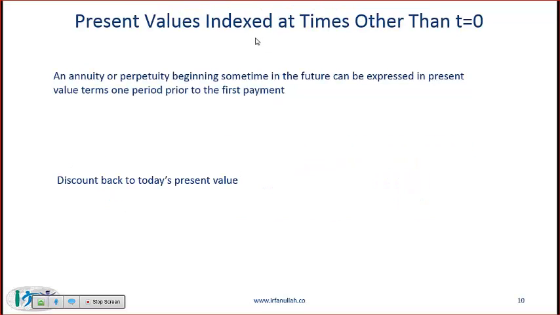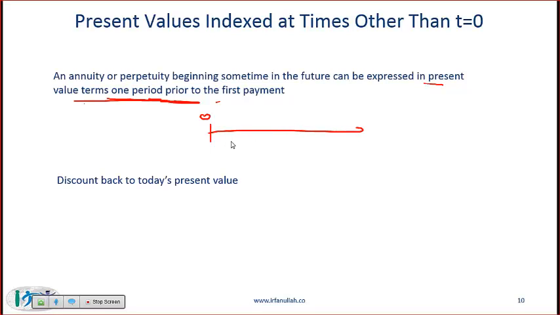Present values indexed at times other than 0. An annuity or perpetuity beginning somewhere in the future can be expressed in present value terms one period prior to the first payment. So this is critical, another classic error.